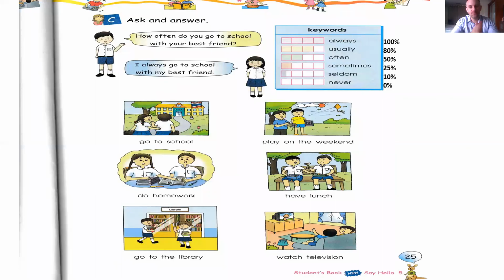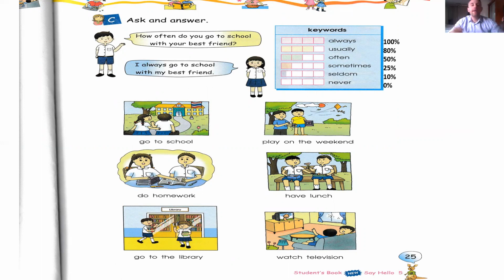So now the core of the lesson, the main topic of today is the adverbs of frequency. First, take a look on the right at the chart. Key words. First, try to repeat these adverbs of frequency. Always, usually, often, sometimes, seldom, never.